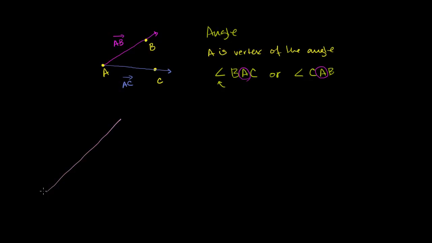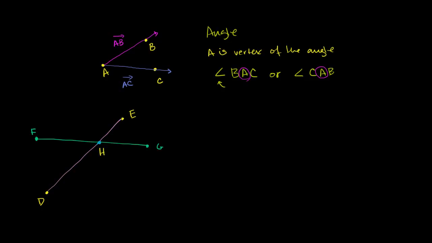Let me label some points here. We've already used A, B, C, so let me call this D and E, points D and E. So this is line segment DE. And let's say I also have line segment FG. And let's say the point where these two line segments intersect, let's call that point H.